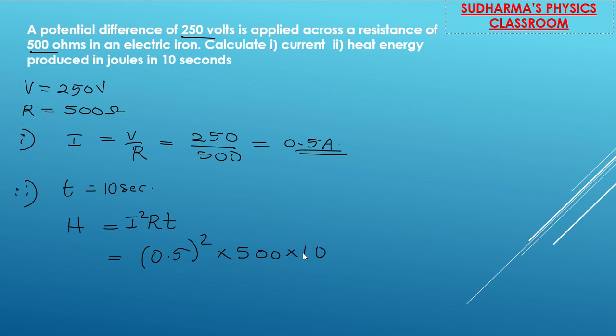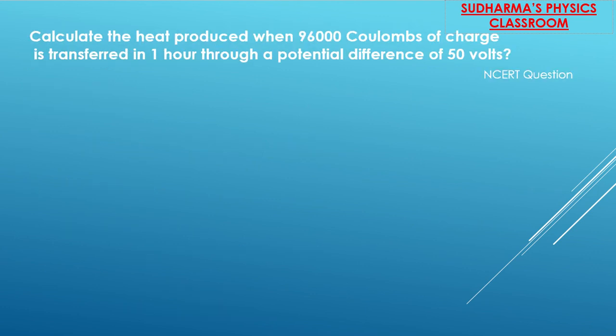Right? 0.5 squared into 500 into 10. So we'll get 1250 joules. Okay, so make sure everything is in SI units. Do the calculations properly. You have to pause the video and do the calculation. Don't copy this answer directly into your notebook.